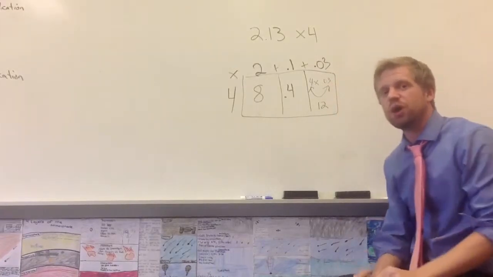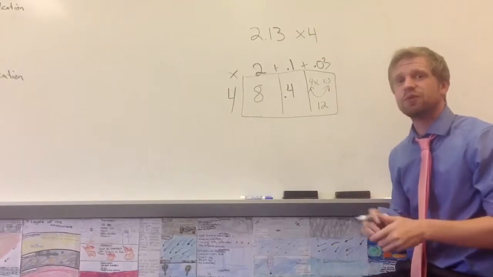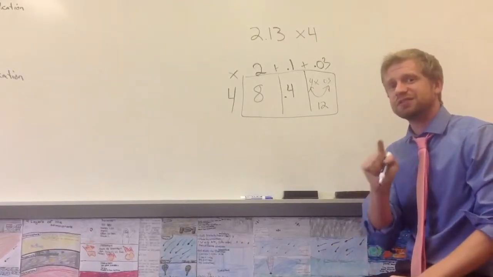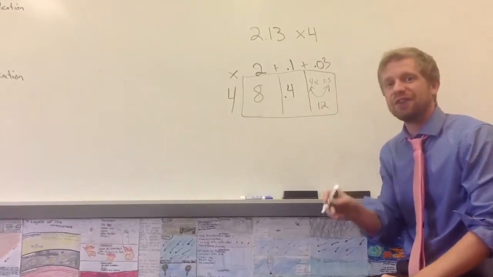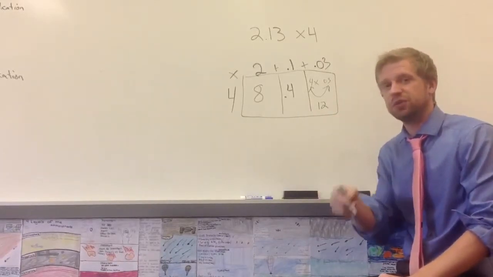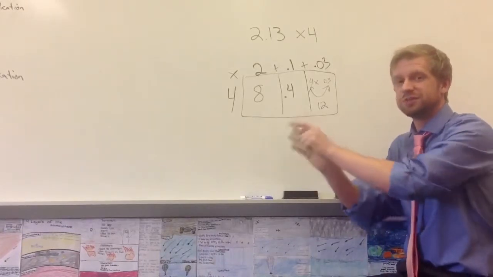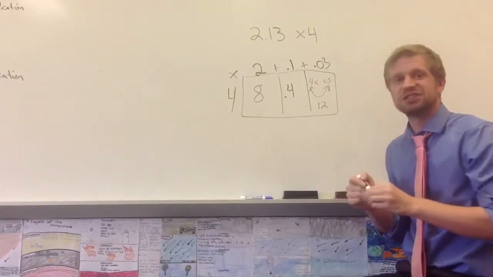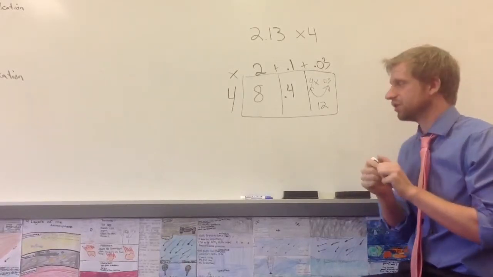Can I have 12 in the hundreds place? No, I can't, because 12 is a double digit. I'm only allowed to have a single digit in each place value, meaning I can only have up to a 9 in each place value. After that, I need to shift the number over to the next place value because it's too large to be contained in that one place value.